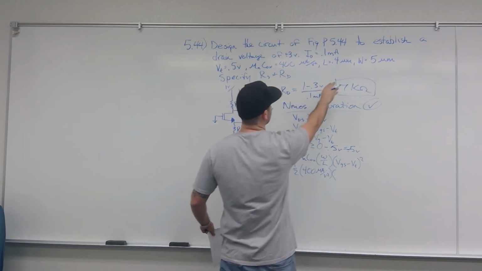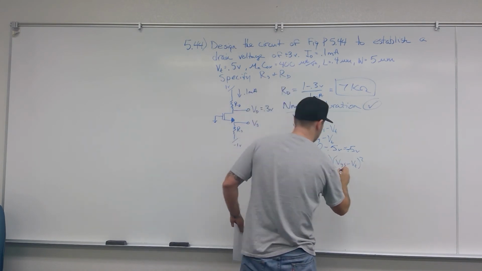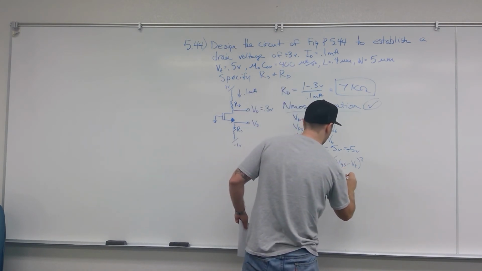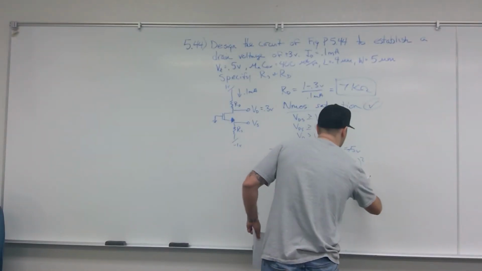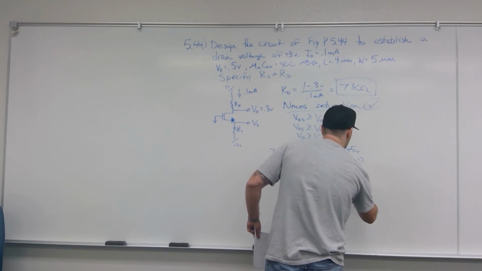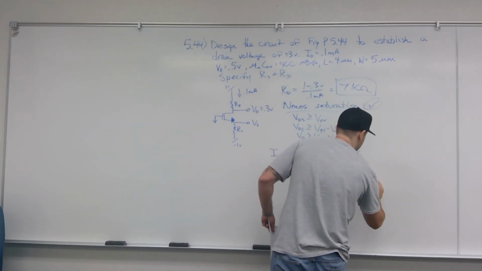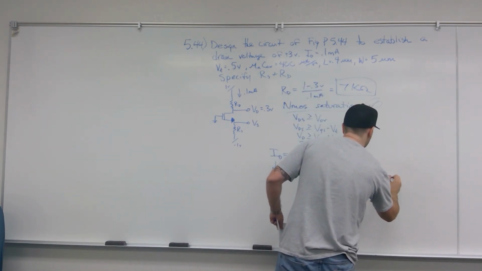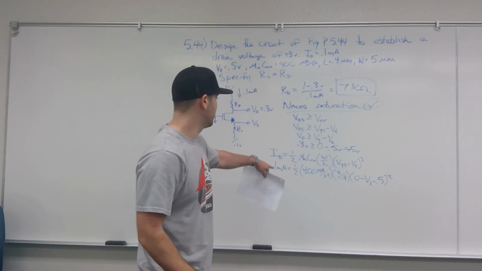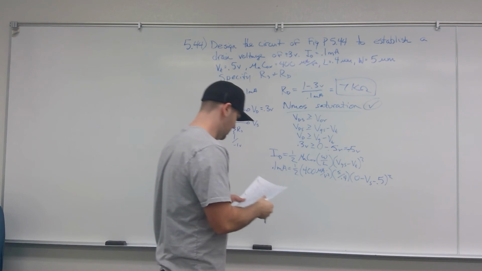And then the width and length, those units actually cancel out, so it's just 5 over 0.4. And then VG is 0. So 0 minus VS is what we're trying to find, and then VT is 0.5, squared. So now you can see we're going to have a quadratic because of that square.